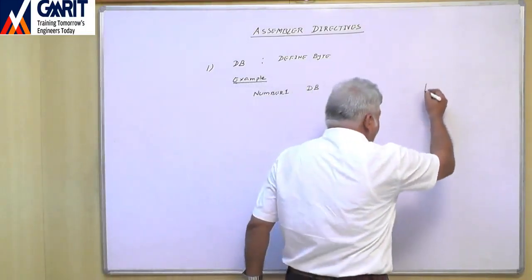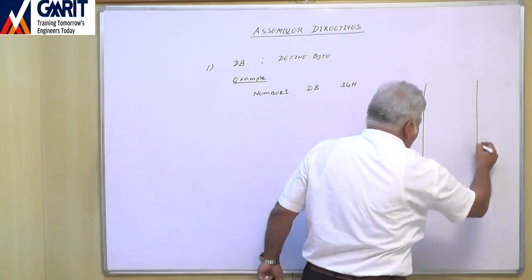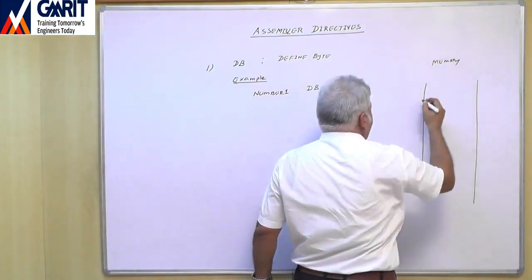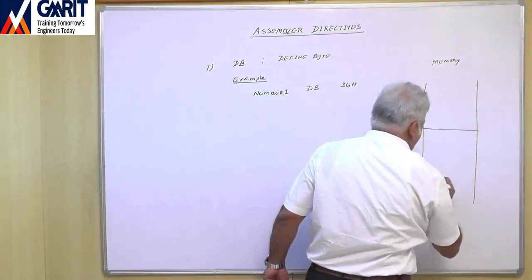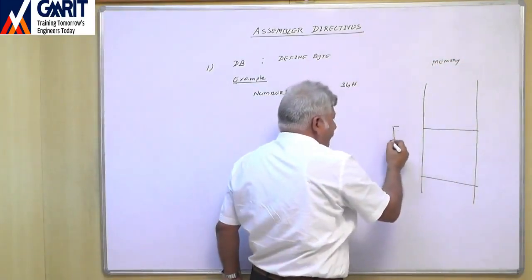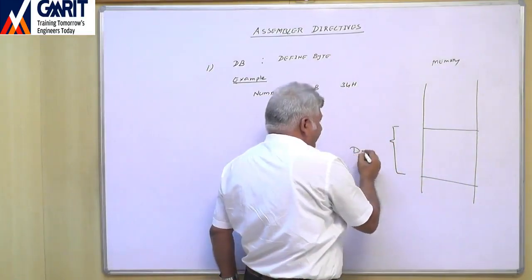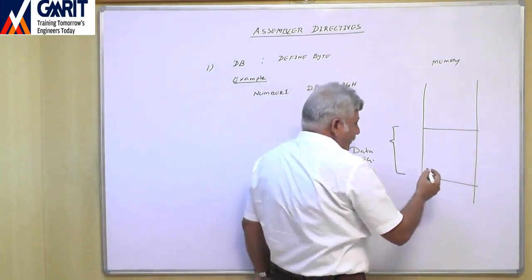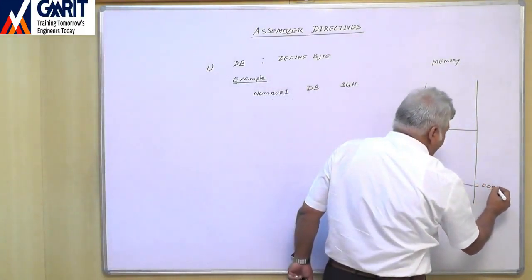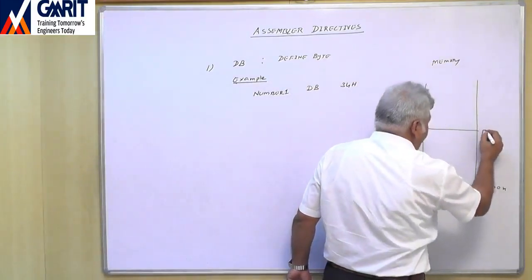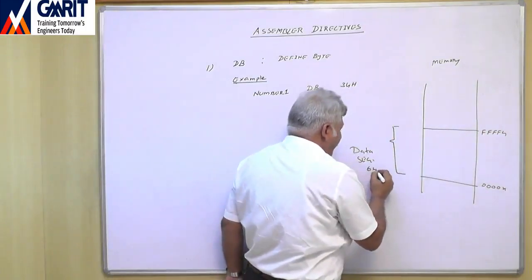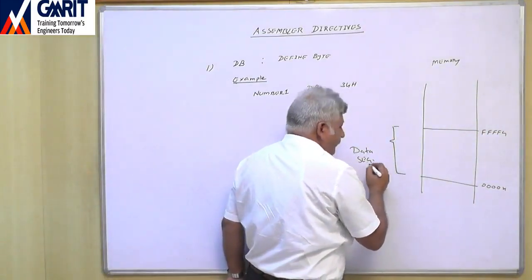For example, suppose this is our memory area, right? And in this, suppose let us assume this is our data segment. Now in this data segment the offset addresses are from location 0000H to FFFFH, because the data segment will be of 64 KB.